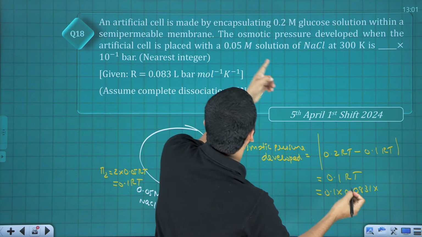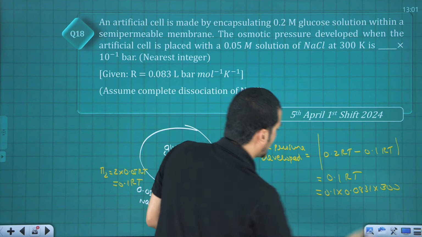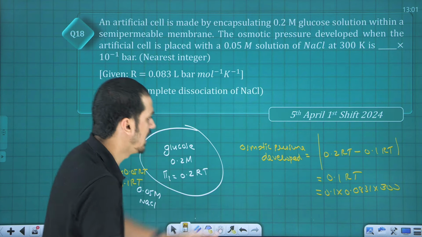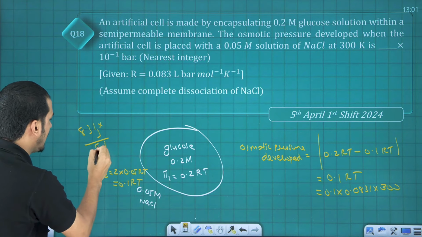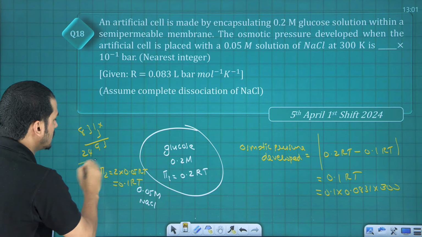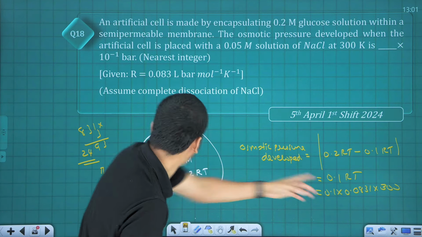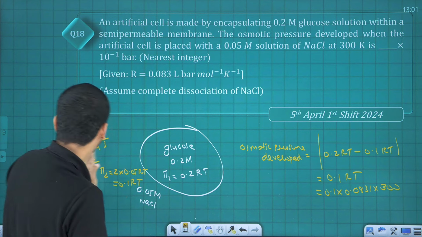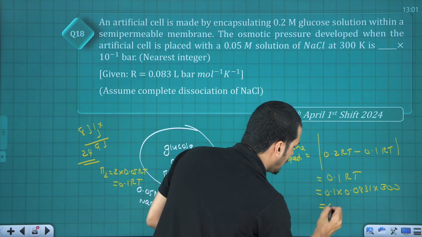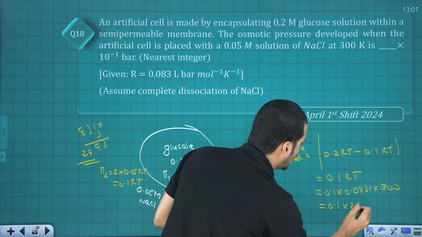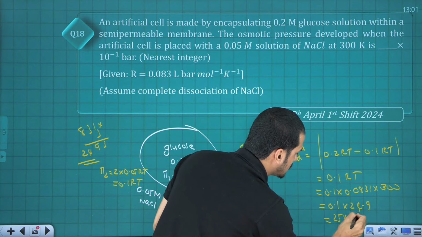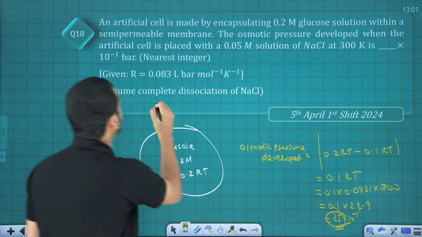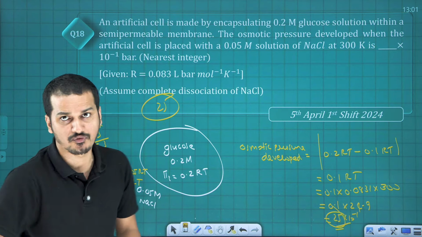Temperature is 300. So once you are multiplying, 831 into 3, 3 8s are 24, so 2493. Then the decimal places, so 24.9, that means 25 into 10 raised to minus 1. Nearest integer is 25, the answer for 18.